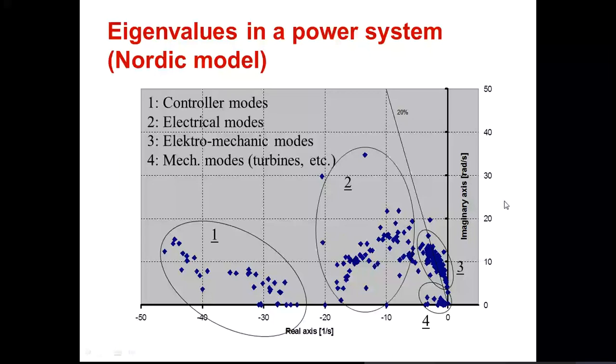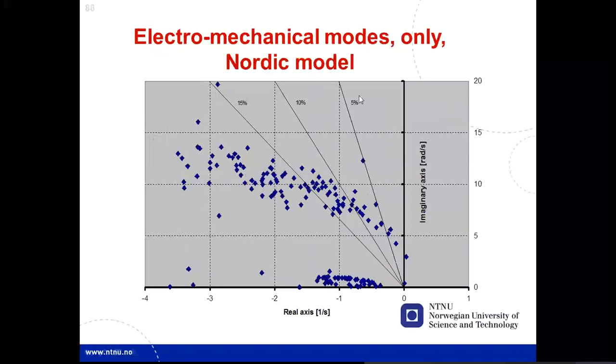And then with respect to the electromechanical modes, you can see the modes with a damping factor less than 5%. Then the modes with a damping factor between 5 to 10% are here.